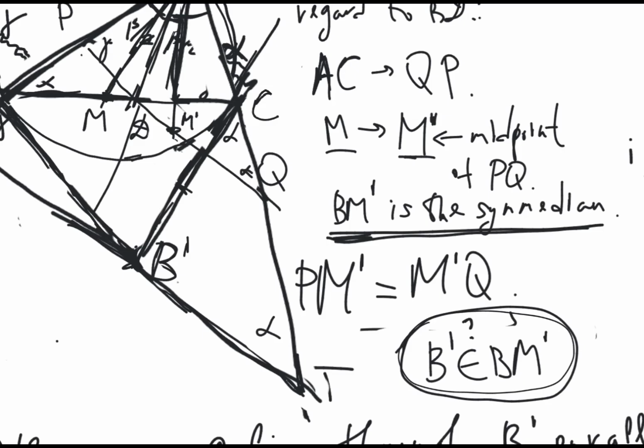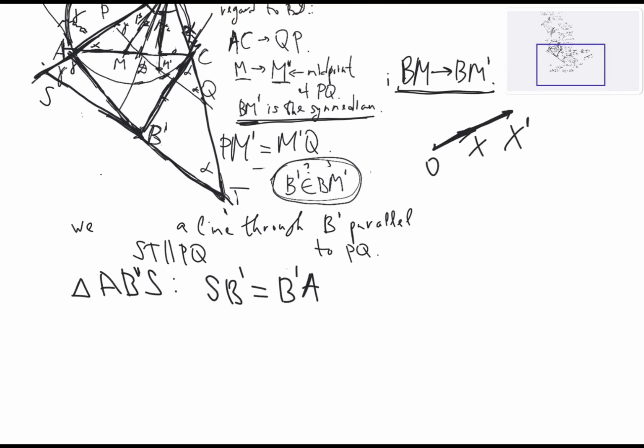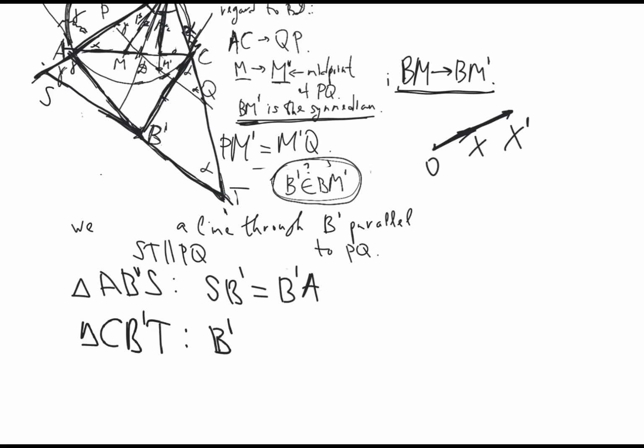So triangle CB'T is also isosceles because two angles are equal to alpha, angle T and angle C. So in particular B'C is equal to B'T, right?